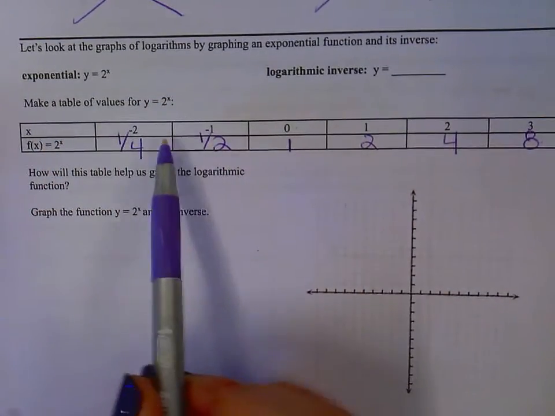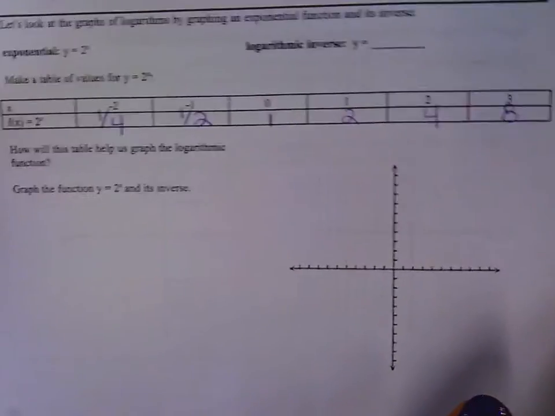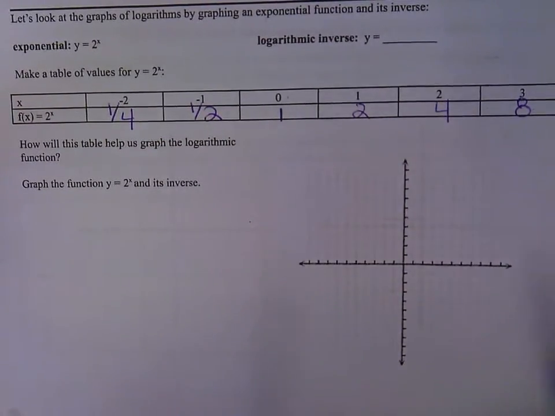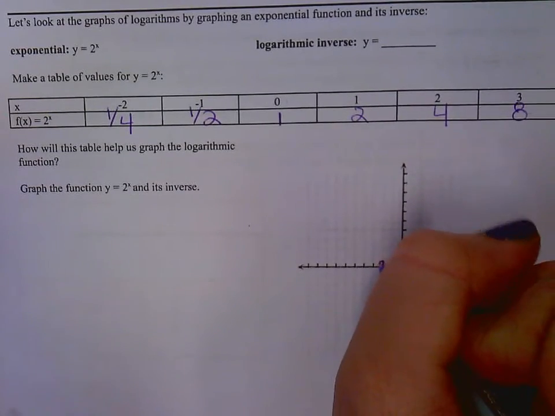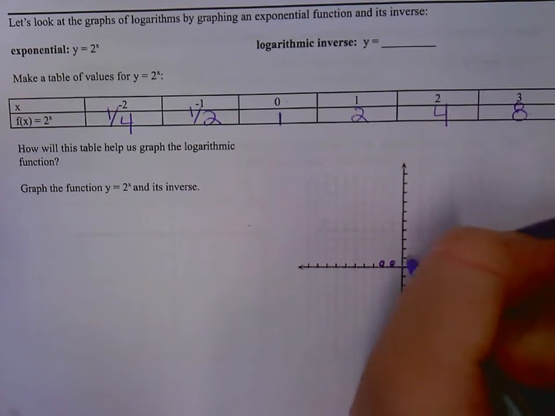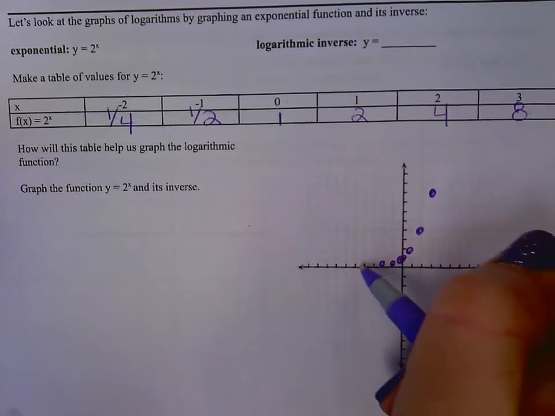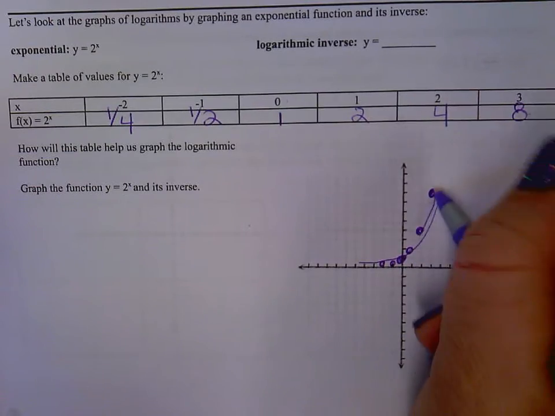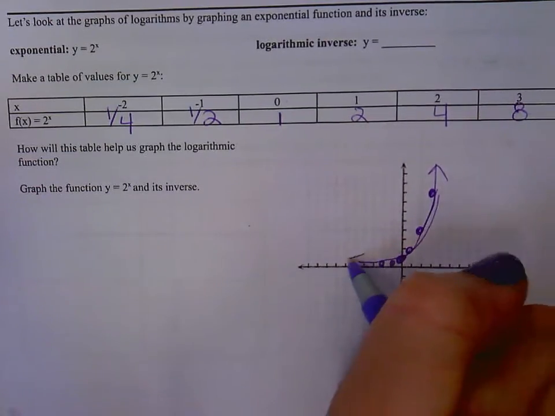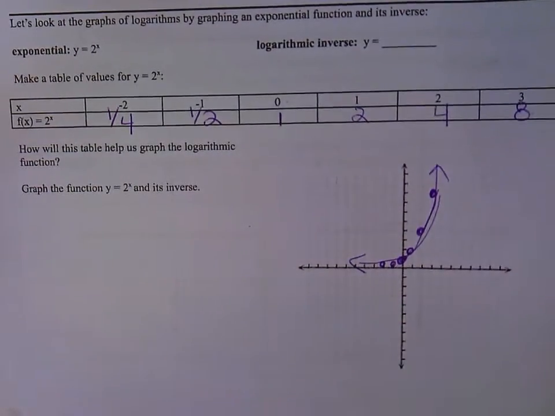So this is just our normal table for 2 to the x. So we're going to graph 2 to the x first. So that's like what we did yesterday. So we're graphing 2 to the x, and then we're going to graph its inverse. Sorry, it's kind of faint to see those, where those points go. So there's my 2 to the x.